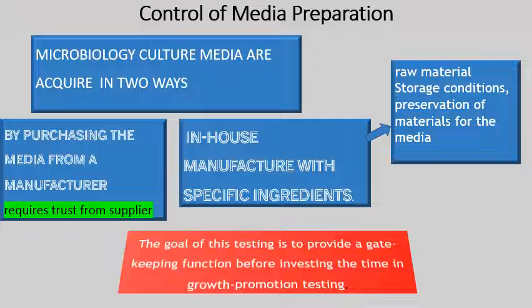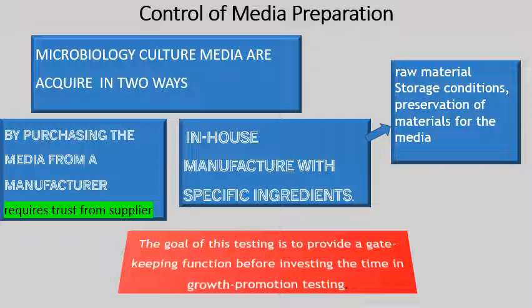So whatever we are preparing, we believe that every quality control assurance has been met on the integrity of the manufacturer. If we don't purchase, if we want to prepare our own media, which is a compounded media, also known as in-house manufacture with specific ingredients, then our in-house media relies on specific measurements in terms of raw material.